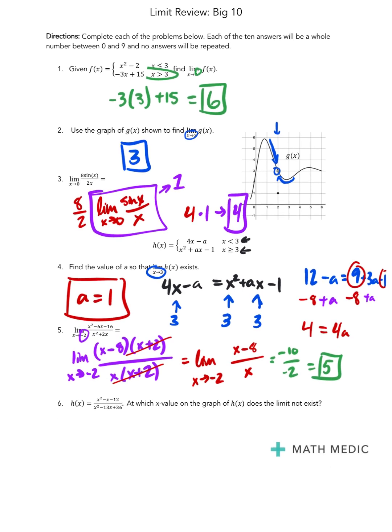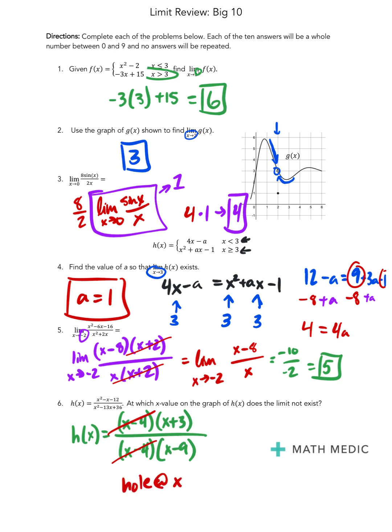So the top factors as x minus 4 times x plus 3. And then the bottom factors as x minus 4, and then x minus 9. So I can see that I've got this x minus 4 twice, and so I have a hole at x equals 4.